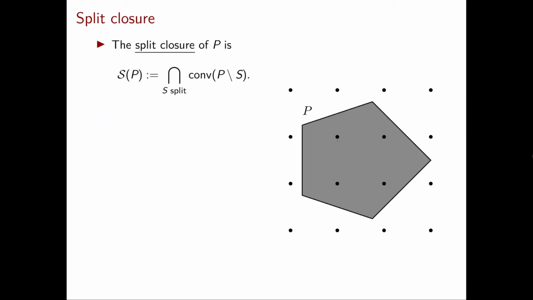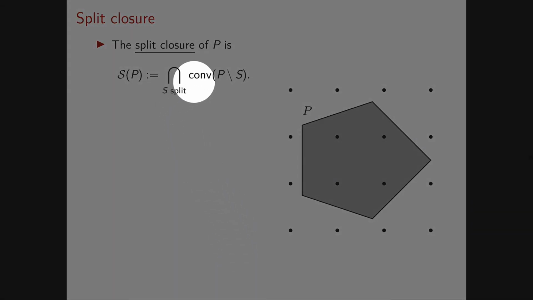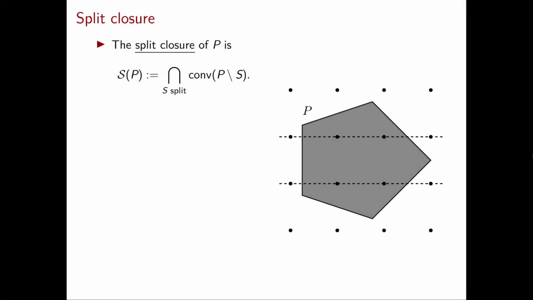Great, at this point, of course, we can pick any possible split and construct the convex hull of P minus S. So we define the split closure of P, obtained by taking the intersection of the convex hull of P minus S for every split S. Let's see an example.